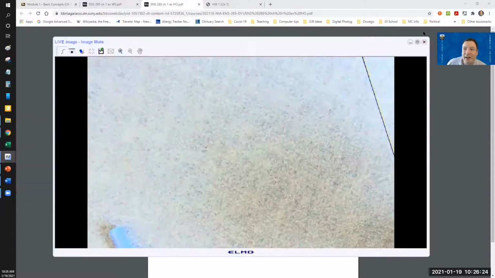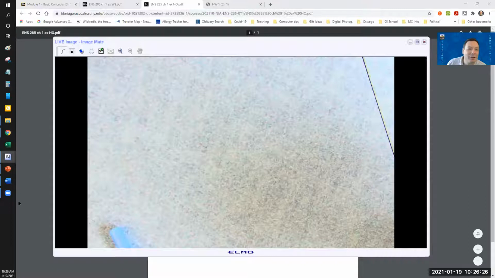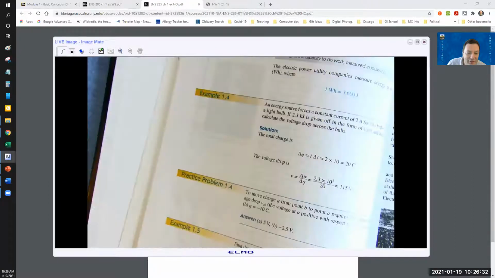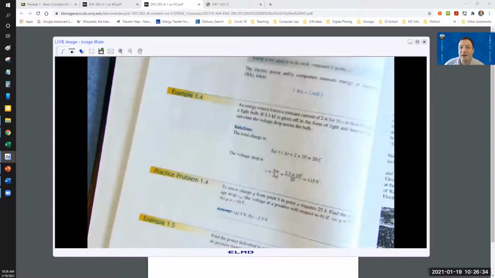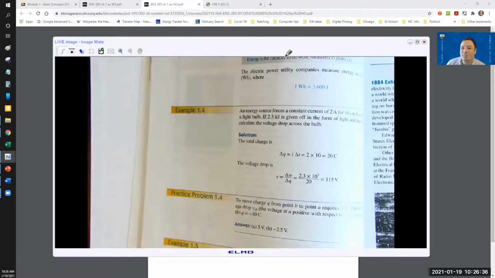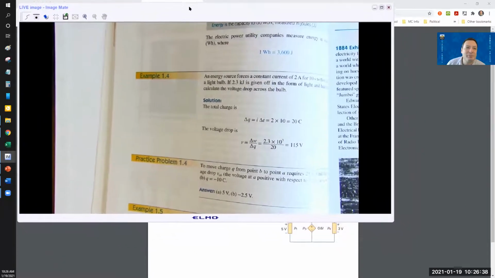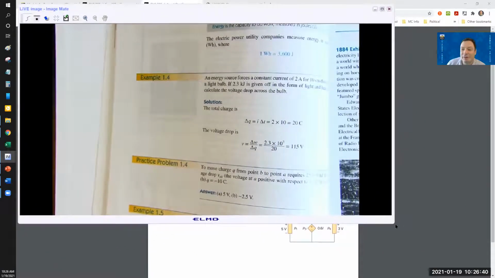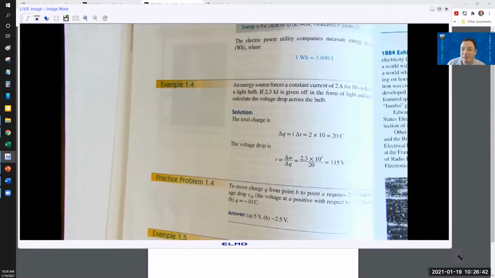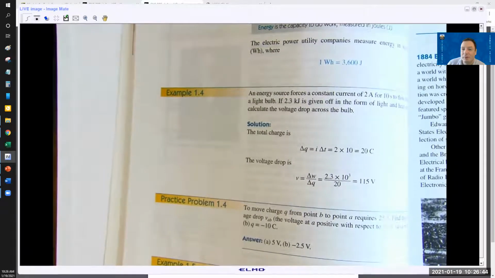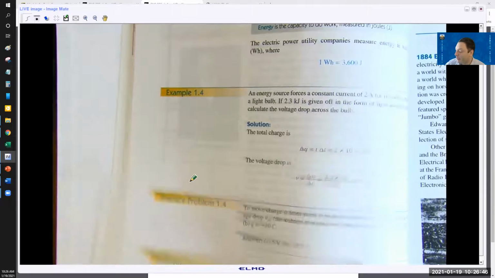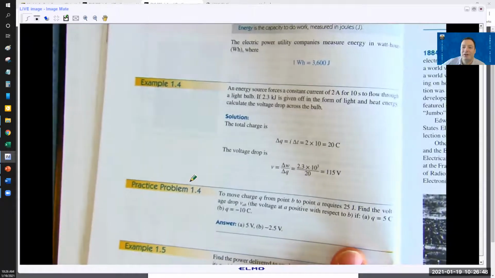Switch over to the document camera here, which needs to be reset. There it is. So here's an example problem. I'm going to make this bigger. Yeah, here's an example problem. It shows you how to do it.